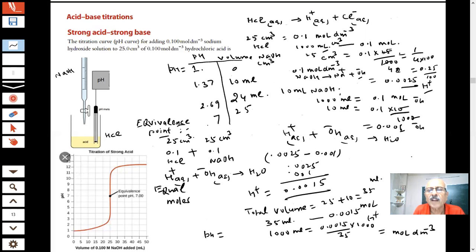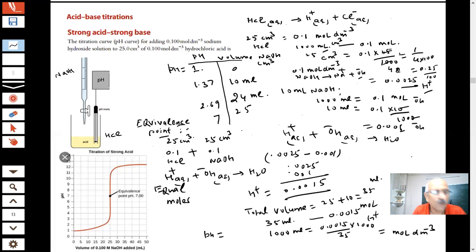That means equal moles of the base and equal moles of the acid are present. At that point, we are saying complete neutralization takes place. And in the case of strong acid and strong base, the pH becomes 7. Okay?